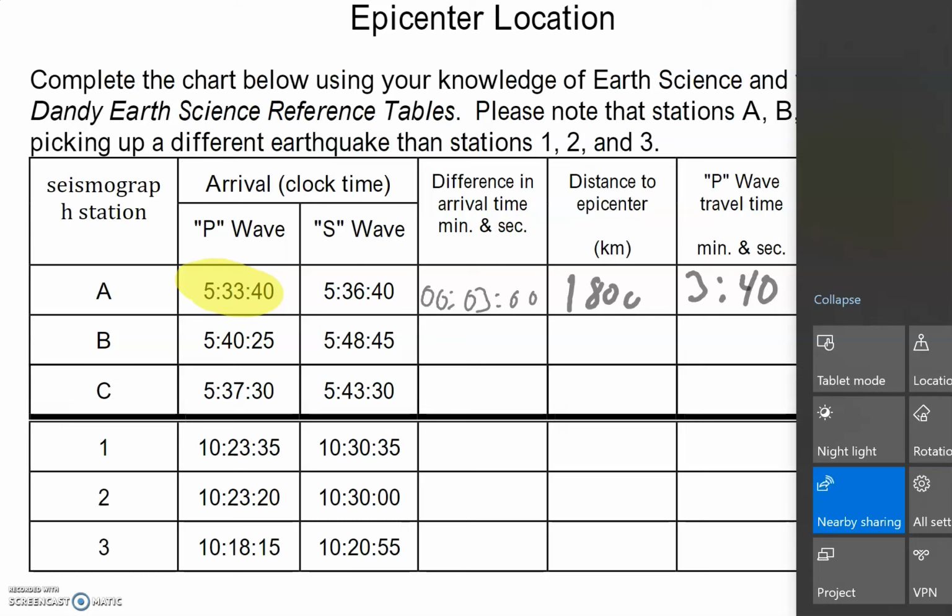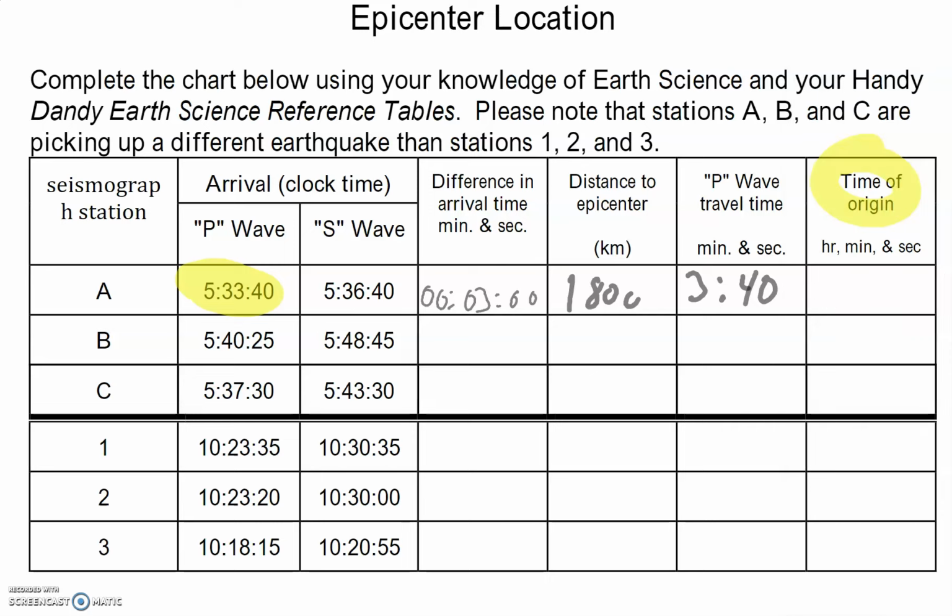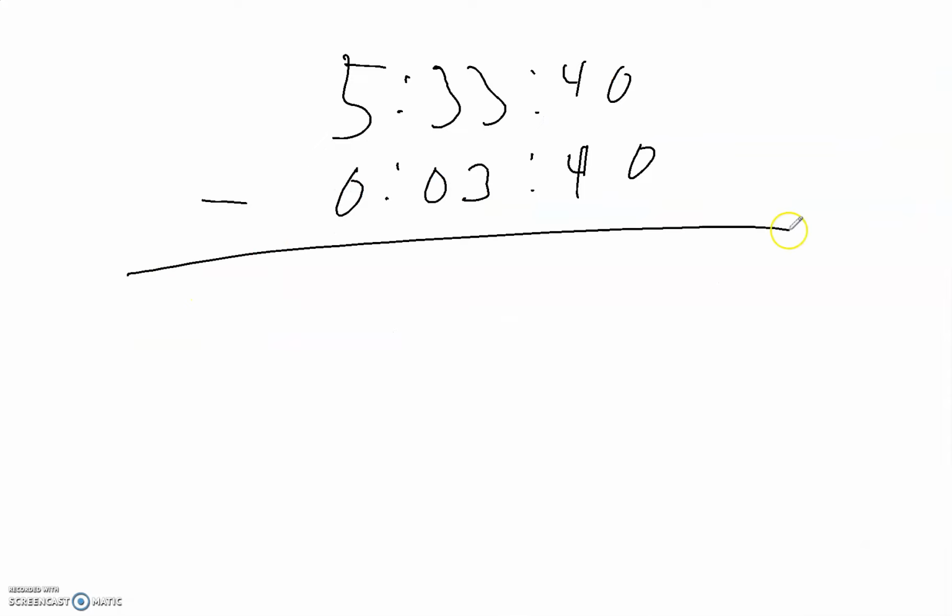And then I'm going to do my math again. So 40 minus 40 is 0, 0. 33 minus 3 is 30. And 5 minus 0 is 5. So we'd have 5 hours, 30 minutes of total travel time from the origin.